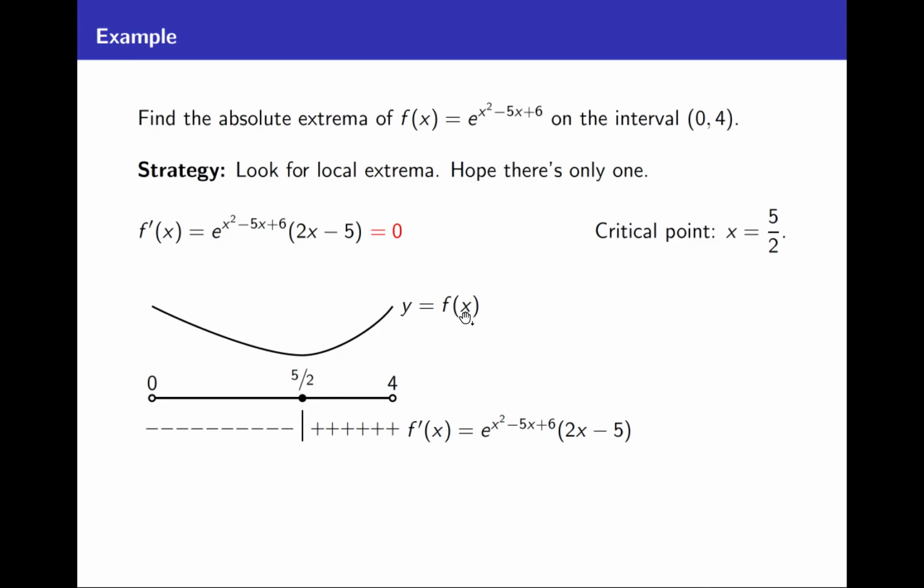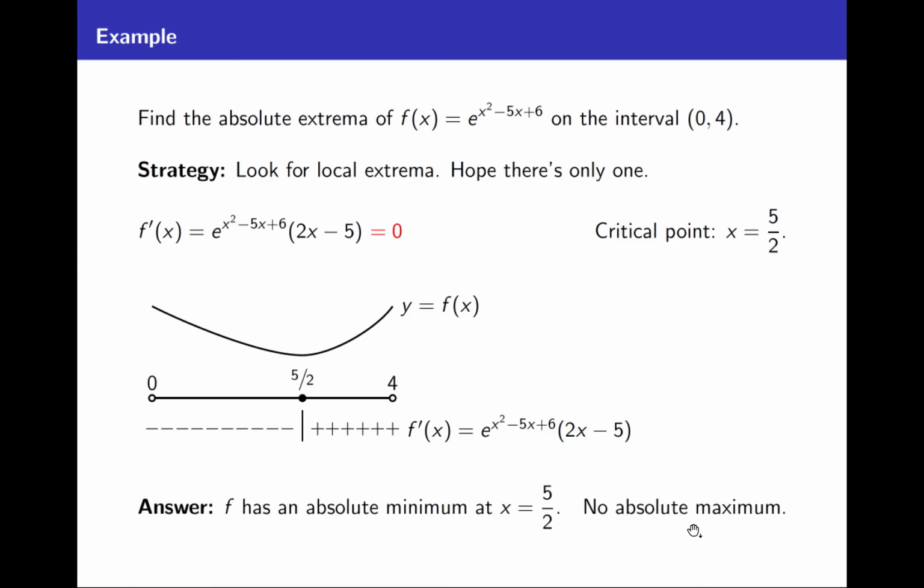So the function y equals f of x, therefore, by the first derivative test, has a local minimum right there at 5 halves. Our theorem then asserts that that local minimum is an absolute minimum. So answer, f has an absolute minimum at x equals 5 halves.